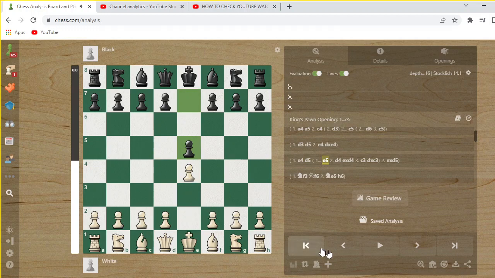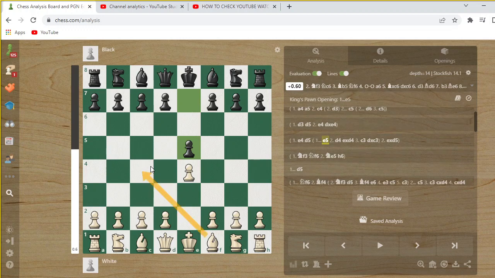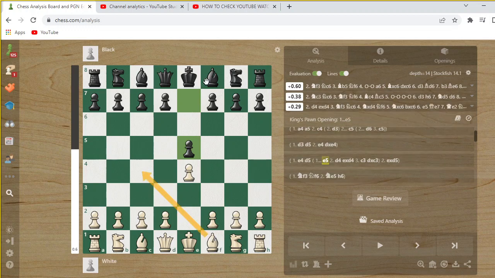Okay, so next we'll look at bishops. Bishops go just on their diagonal. In chess, there are 2 bishops for each side, and you'll notice there's a dark square bishop and a light square bishop on each side.